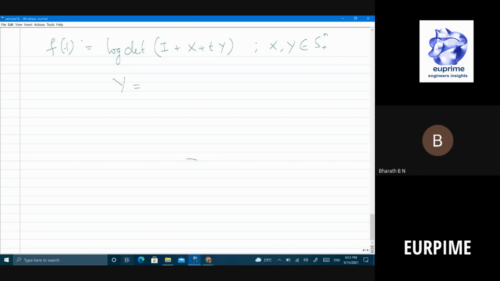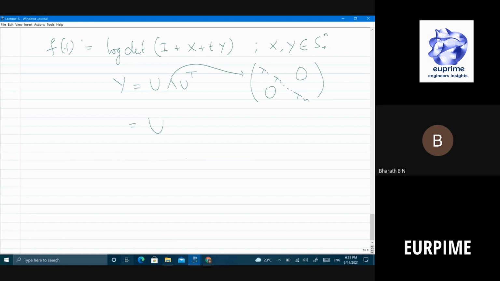Now let me take the example of y. Because y is symmetric, I can write it as u lambda u transpose, do you agree? What is lambda here? Lambda is the diagonal matrix with the diagonal entries being the eigenvalues, lambda 1 through lambda n.